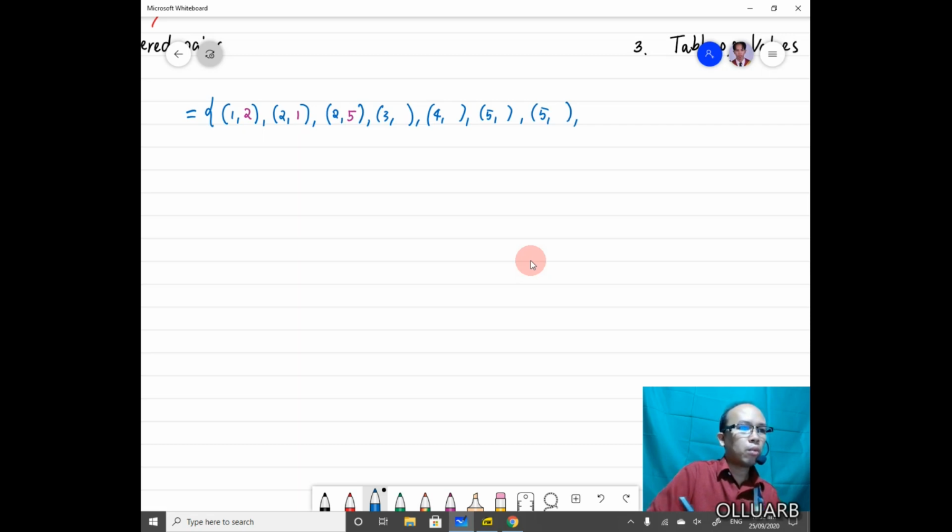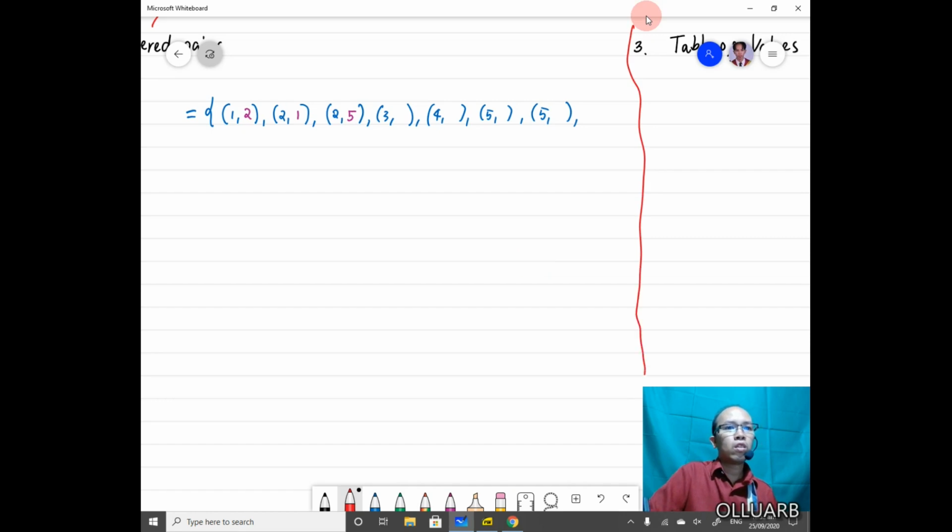So we have to put a boundary here. 1 8, sorry, and then we have also 5 with 3 partners.